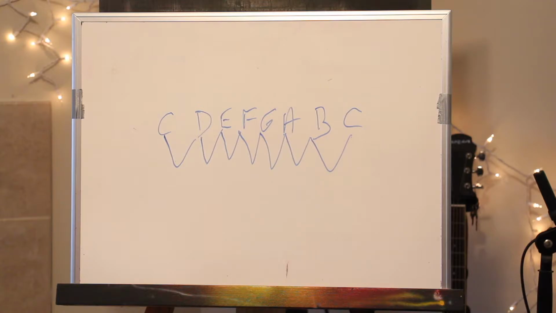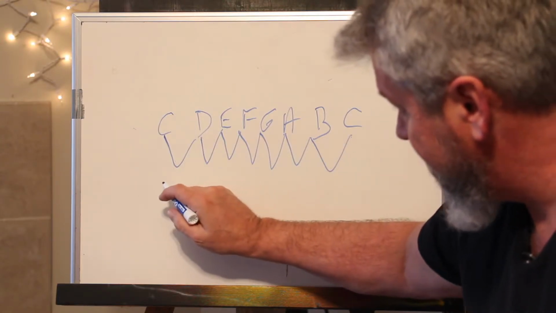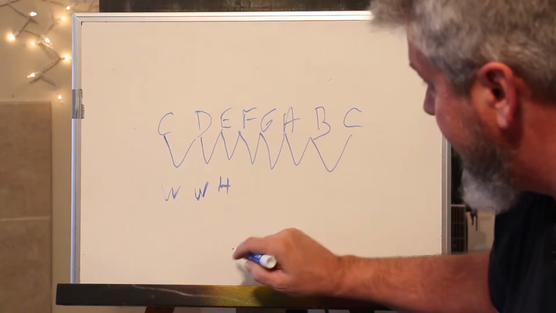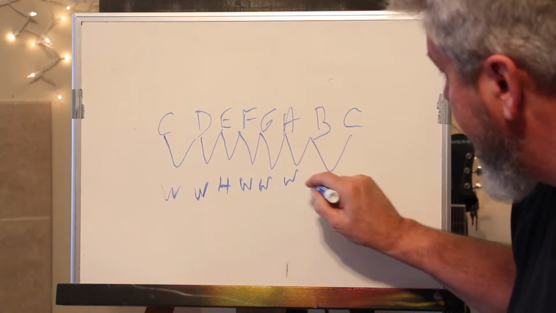An interval is just a tonal change. Sing Sound of Music: do, re, mi, fa, sol, la, ti, do. The distance between each one of those notes is an interval. In constructing a major scale, the intervals are a whole step, and then a half step, and a whole step, and a whole step, a whole step, and a half step.